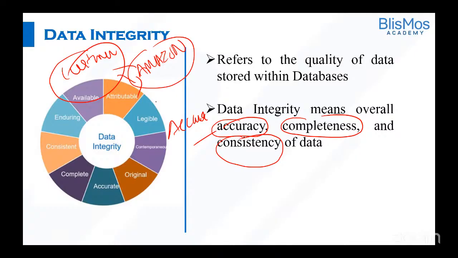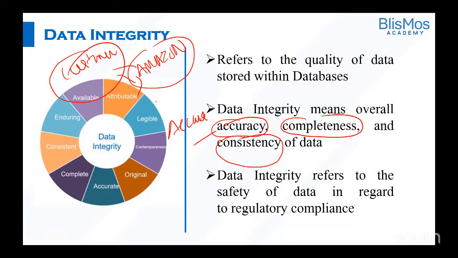So all this is handled by data integrity. Data integrity means overall accuracy, completeness, and consistency of the data. Data integrity also comes into picture whenever compliance comes into picture.